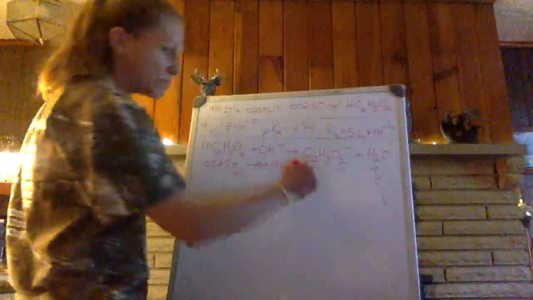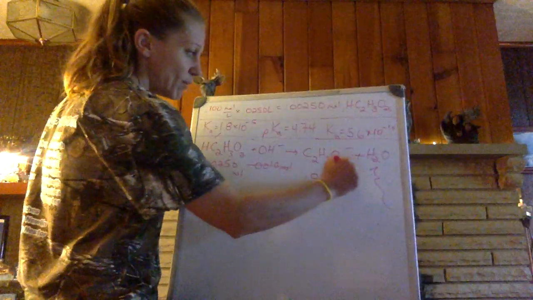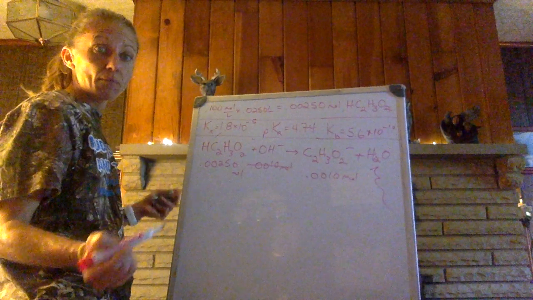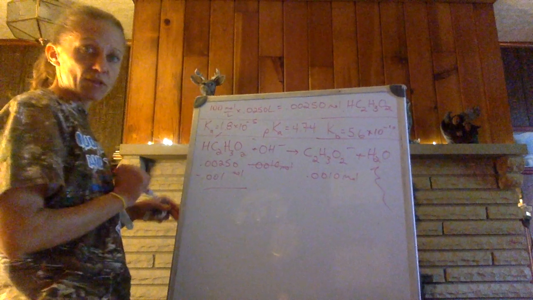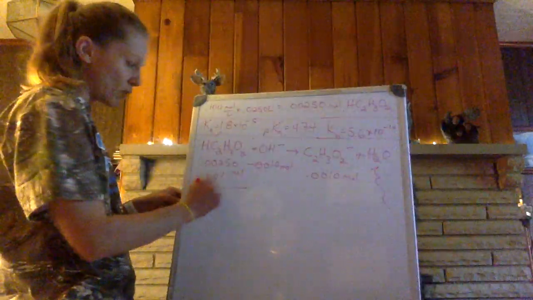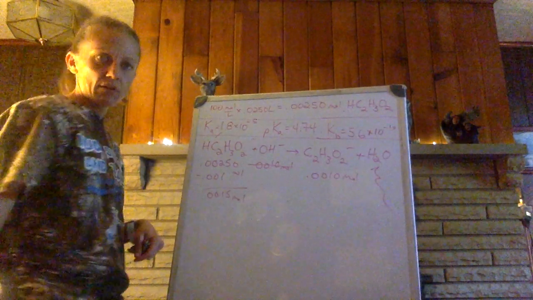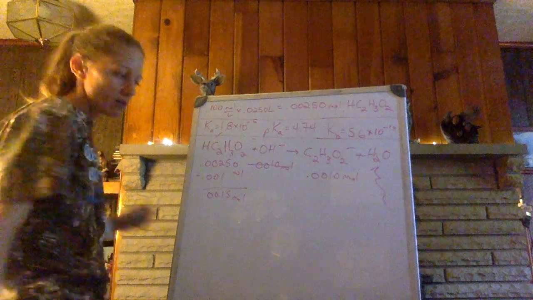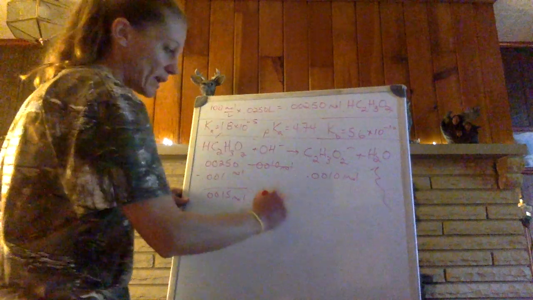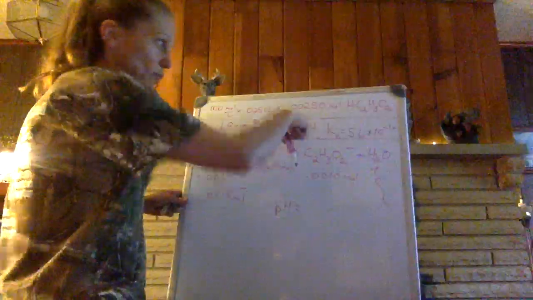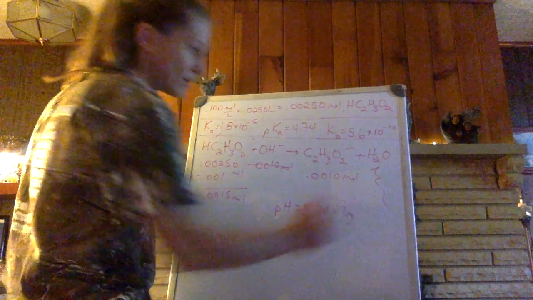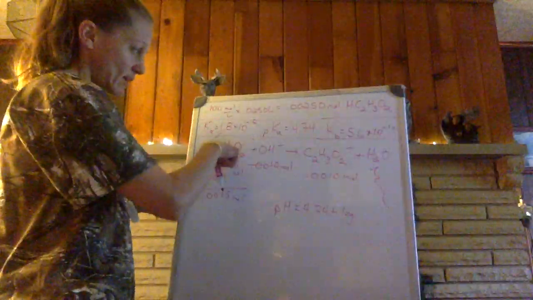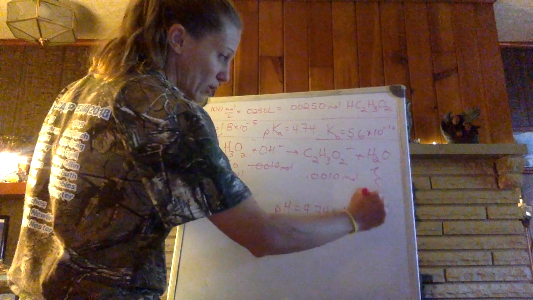The OH is going to make 0.001 moles of sodium acetate, my base, and it's going to take away 0.001 moles of my acid to make that base. 0.0015 mole there. Cool. So what that gives me is pH equals my pKa, 4.74, plus log of base over acid, and we said that's the acid with the hydrogen, so 0.001 and 0.0015.